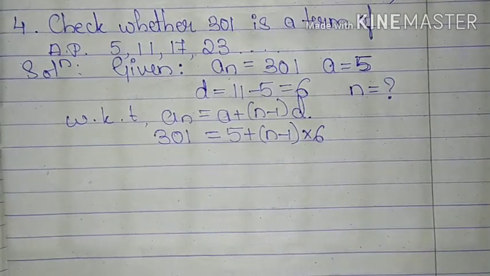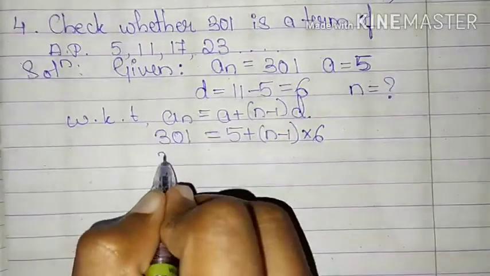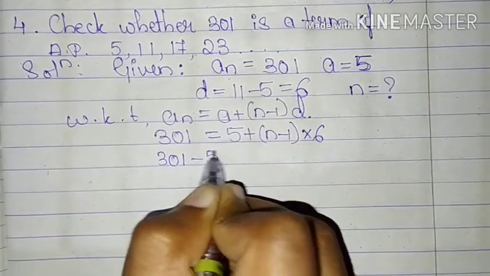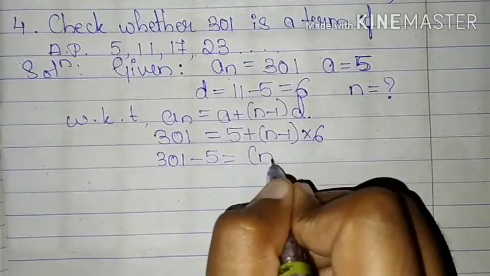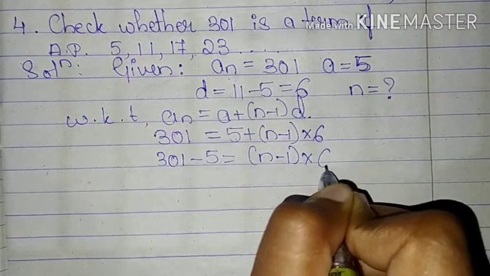We found D. So now 301 minus 5, because it was plus here, after transposing it becomes minus, we have (n minus 1) into 6.